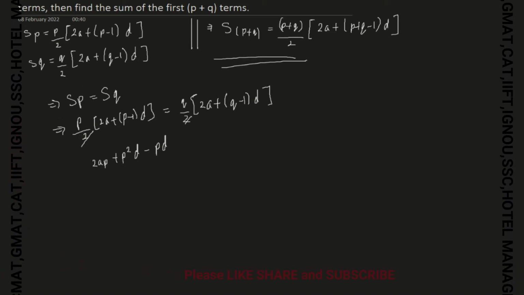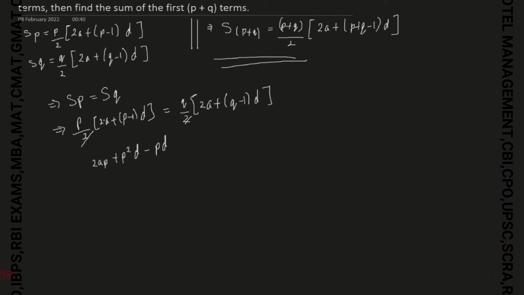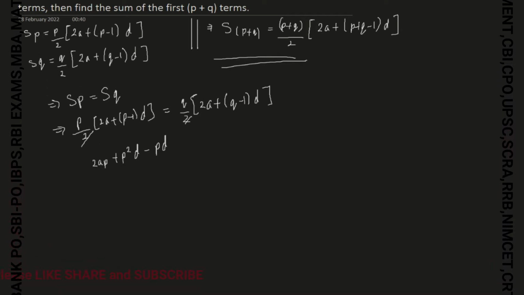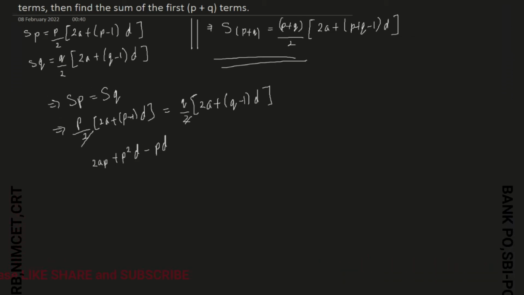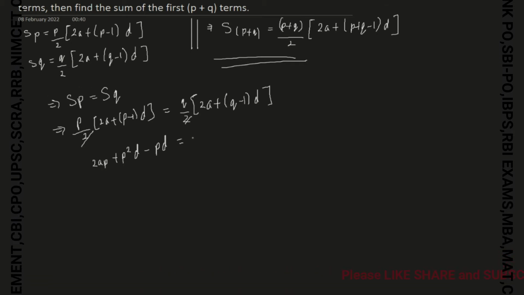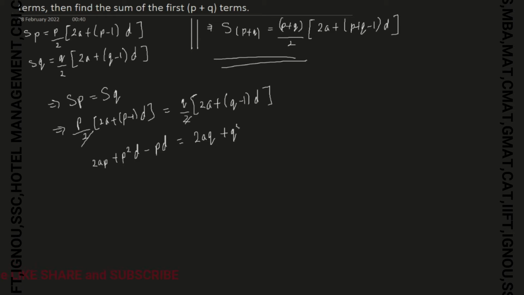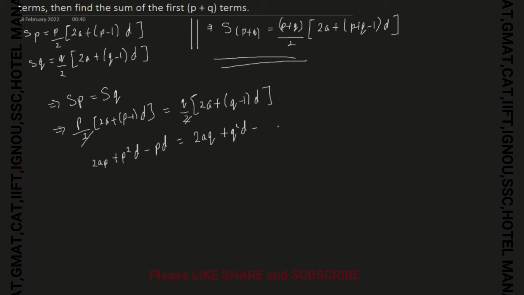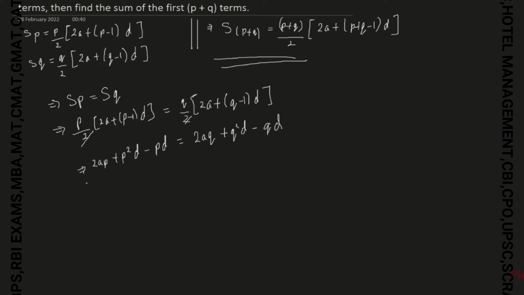P is multiplying every element of this bracket, so P times 2A is 2AP, plus if we solve this bracket, here will be PD, and PD multiplied by P is P square D, so we write P square D, and here will be only D, like minus D into P is minus DP. In the same manner we will do this also: 2AQ plus Q square D minus QD. This also is very clear.